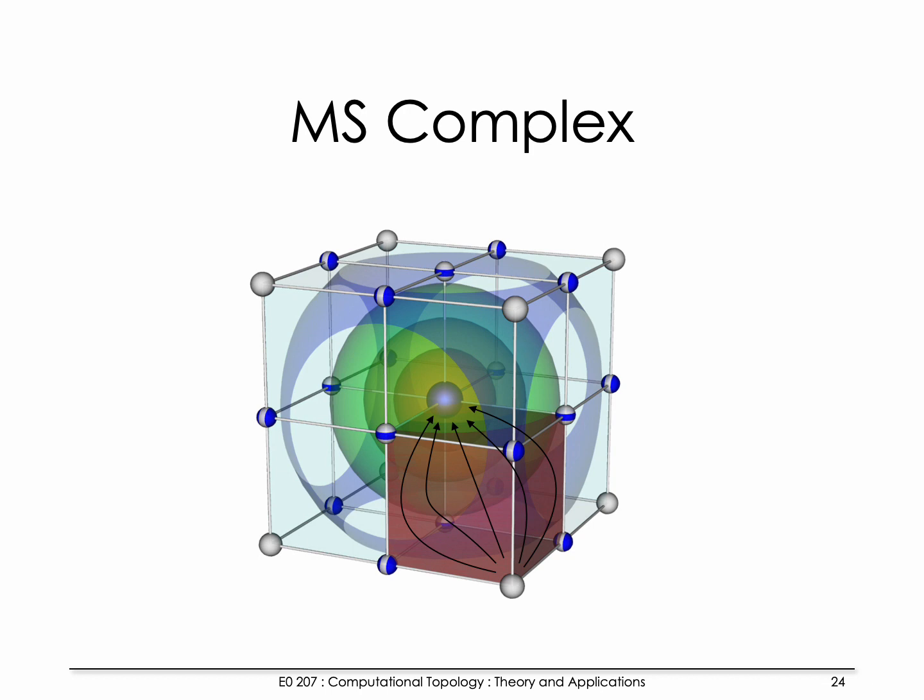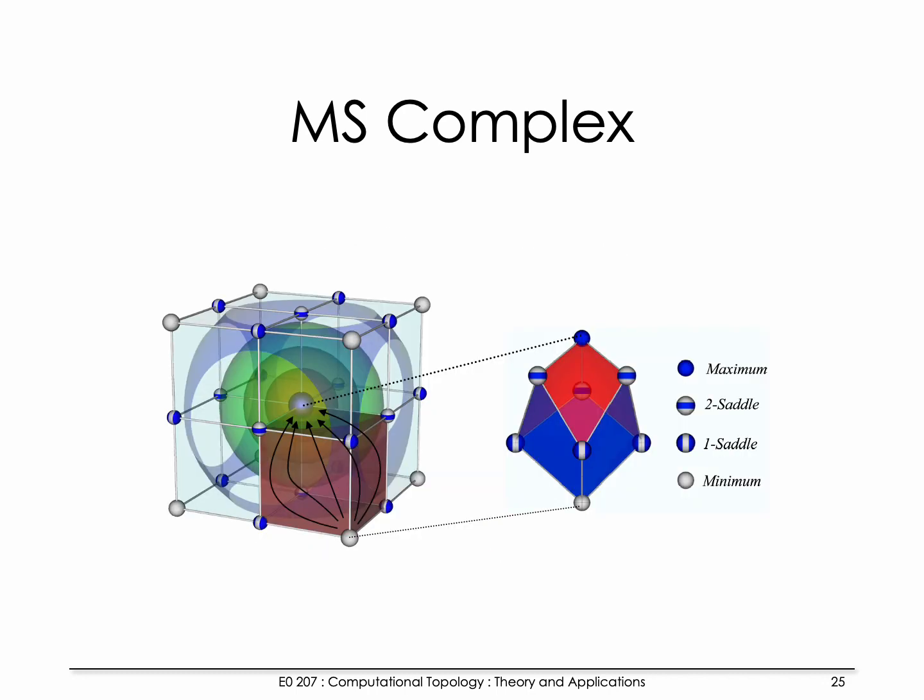So here is an individual cell in brown of the Morse-Smale complex. This is a 3-dimensional cell, and in general this 3-dimensional cell looks like a crystal with 1 minimum at the bottom, 1 maximum at the top. Bottom and top is just for illustration. The orientation can be in any way.